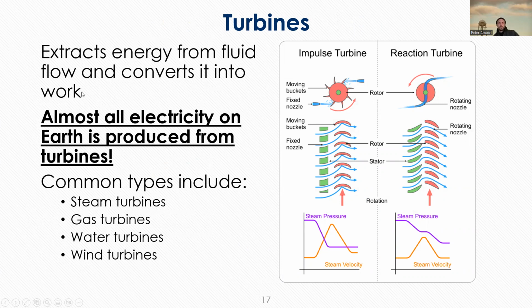So we extract energy from fluid flow and convert it to work. These are some examples of turbines. You can see a bunch of different types: steam turbines, gas turbines, water turbines, wind turbines.